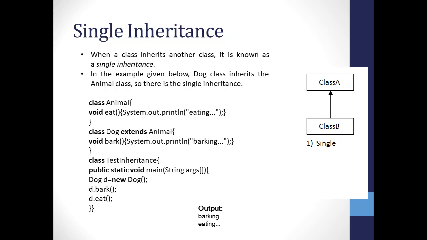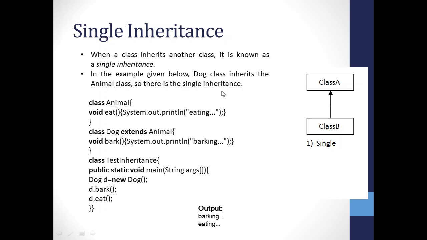Single inheritance. Single inheritance is nothing but simple inheritance. When a class inherits another class, it is known as single inheritance. In the example given below, the dog class inherits the animal class, so there is a simple inheritance.